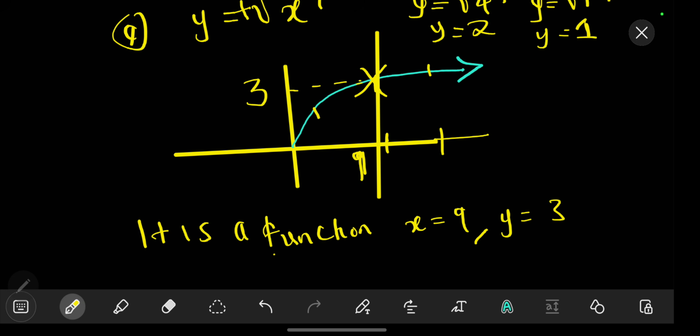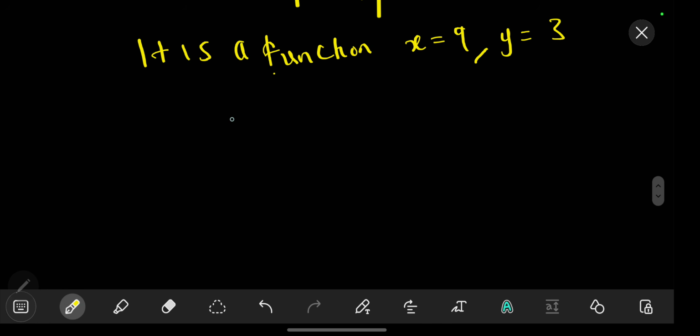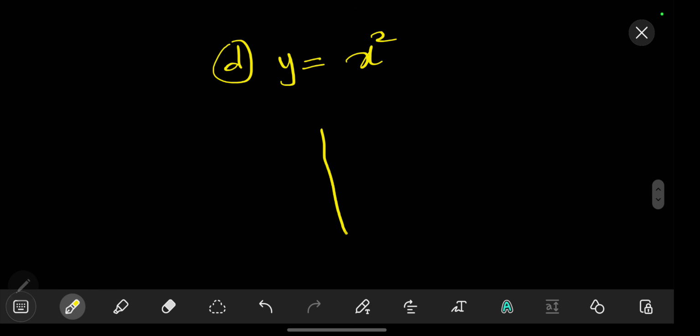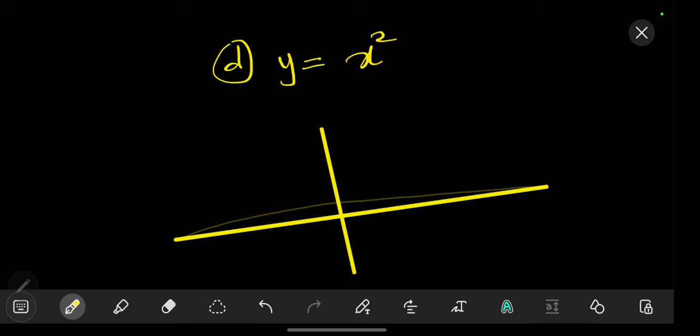What we want here is that just one x value should have just one y value. However, let's go back a bit to our d, which is y is equal to x squared. So this is the equation of a quadratic, y is equal to x squared.